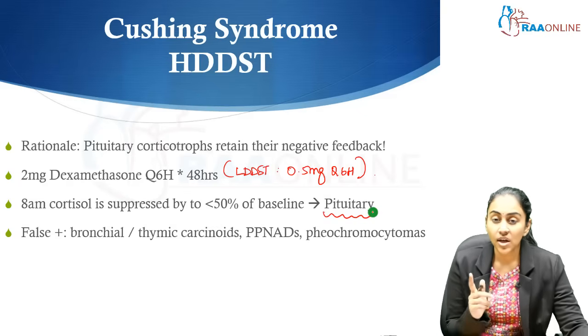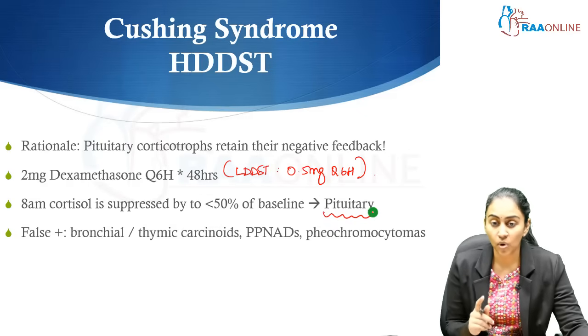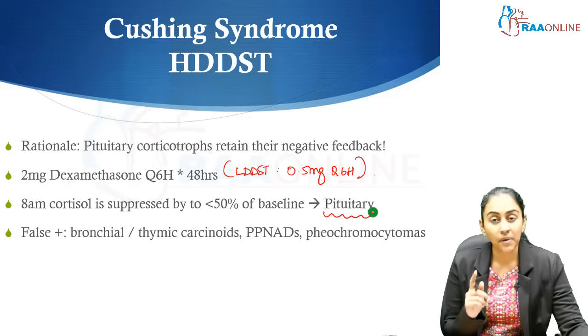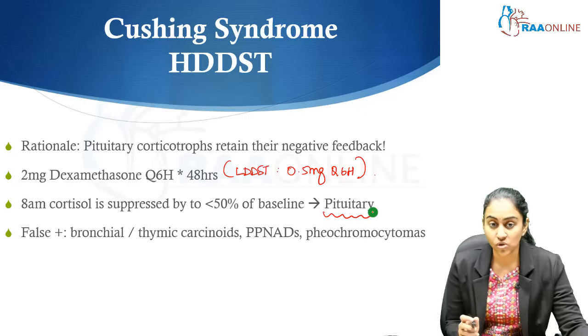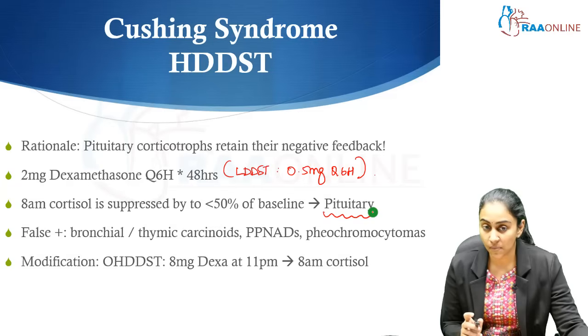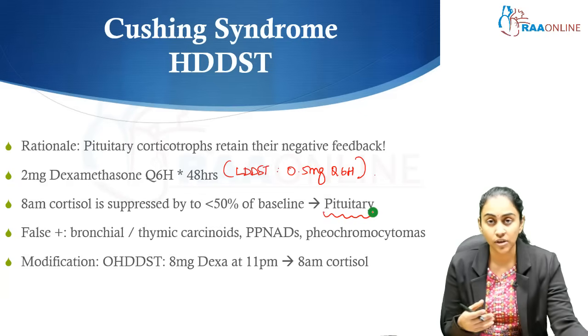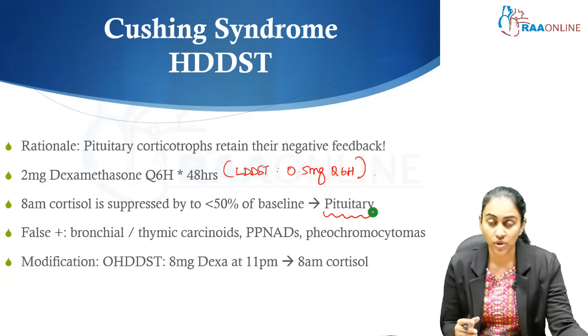However, remember, sometimes this negative feedback may be mimicked by bronchial and thymic carcinoids, PPNADs and pheochromocytomas. So remember, these are the other important false positive causes for a positive high dose dexamethasone suppression test. Now there is an easier modification. When we are evaluating these patients in the outpatient clinics, it's very difficult to do these tests over a 48-hour period.